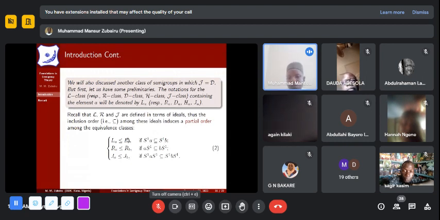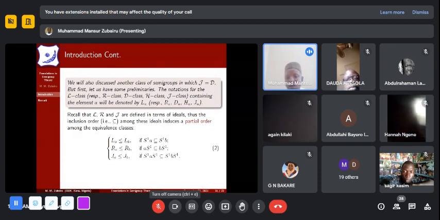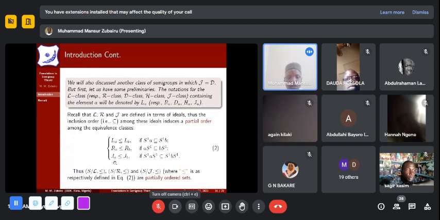So this partial order is one way of looking at the definition of the equivalences we defined, Green's equivalences L, R, and the rest. These relations are partial orders among the equivalence classes. R is defined in this way, and J is also defined in this way.